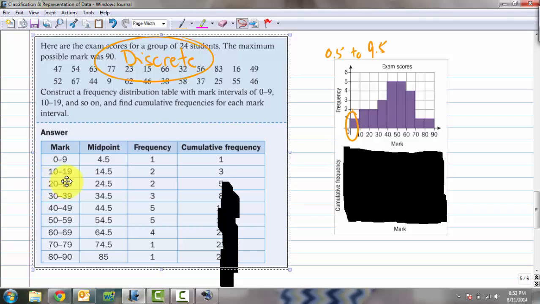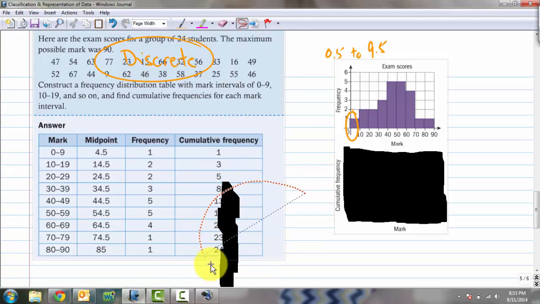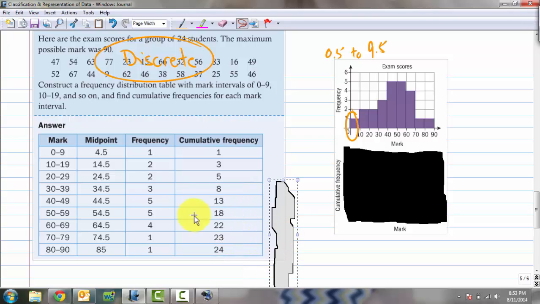How many things are less than or equal to this one? Well, there's going to be 5, ladies and gentlemen. And then 8, and then 13. And when we're all done, at the very bottom, we should have the total number of things in our group, because there are 24 items that are this group or smaller.